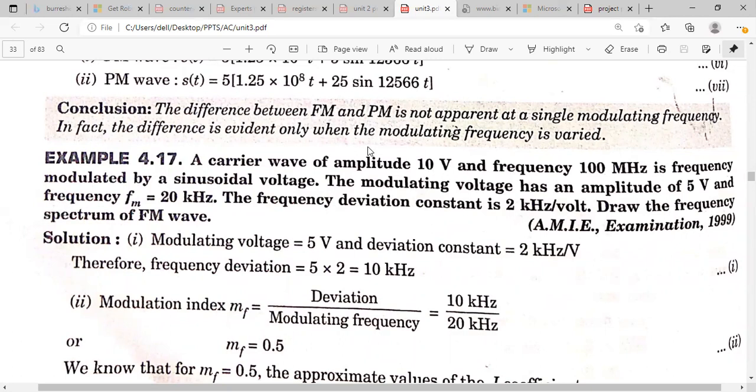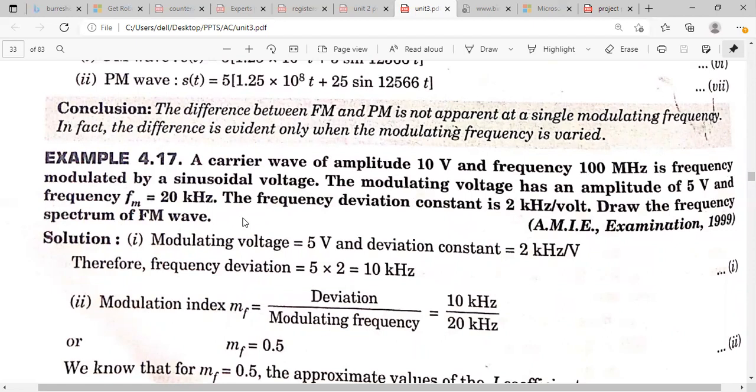The modulating voltage has an amplitude of 5 volts, Vm is 5 volts, and the frequency of the modulating signal is 20 kilohertz. The frequency deviation constant is 2 kilohertz per volt, and we have to draw the frequency spectrum of the FM wave.